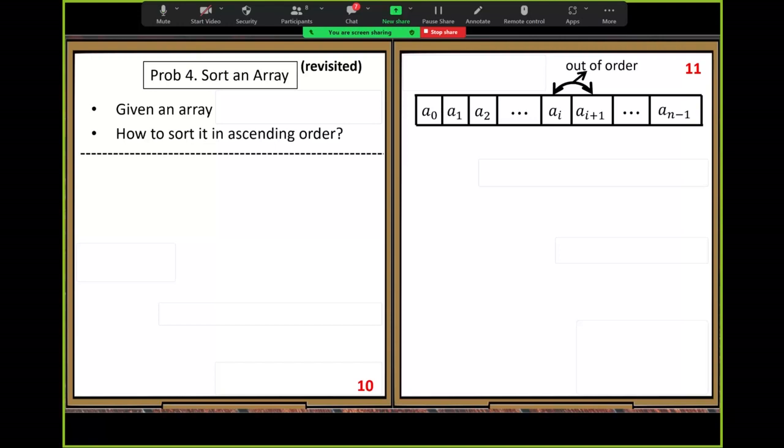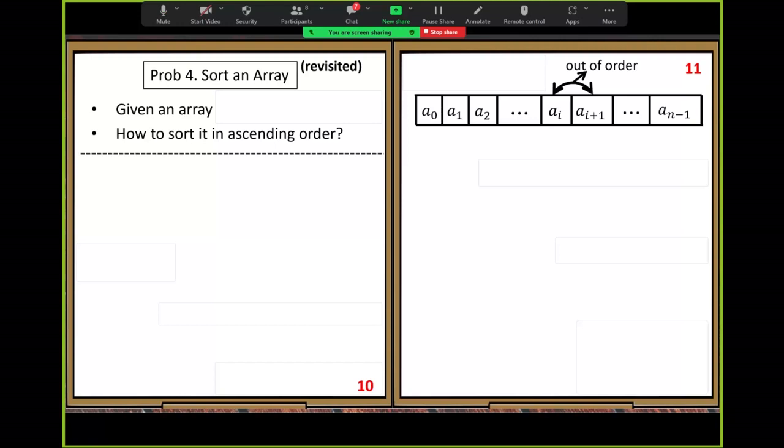Out of order means it is relatively far away from our destination position. So these two states: in order state and out of order state.